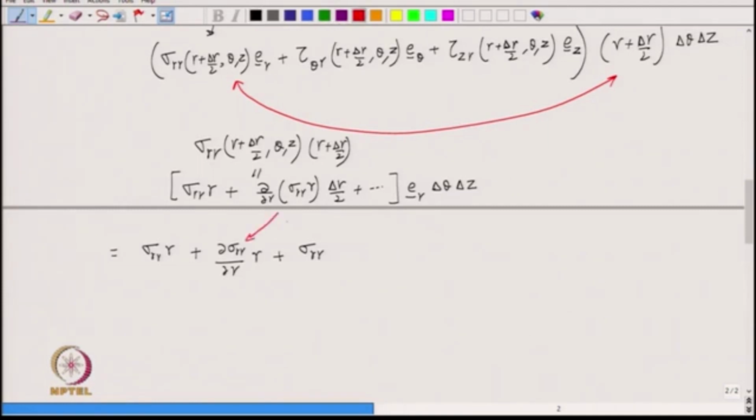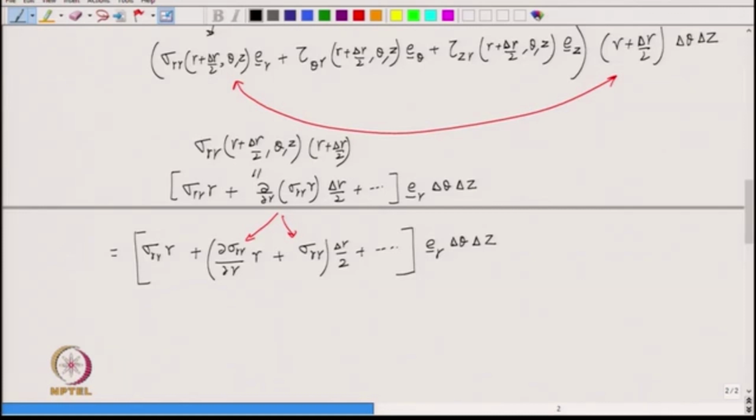So, these two terms come from here, and then the whole thing is multiplied by delta r by 2 plus the higher order term into E r times delta theta times delta z, right.